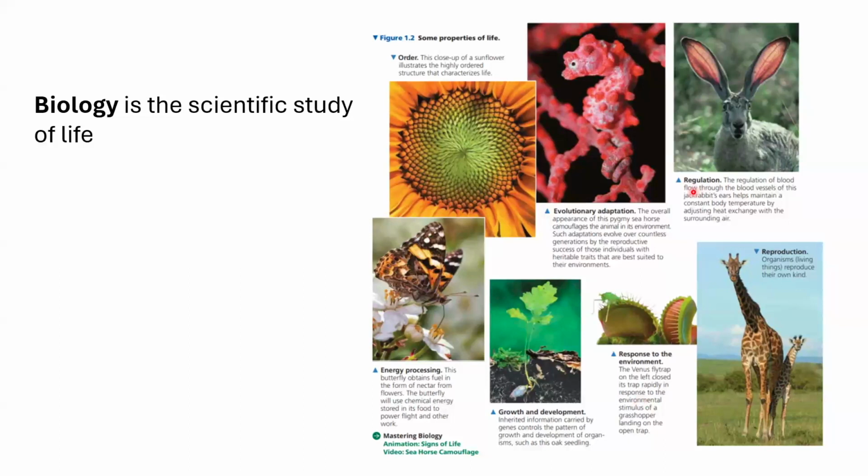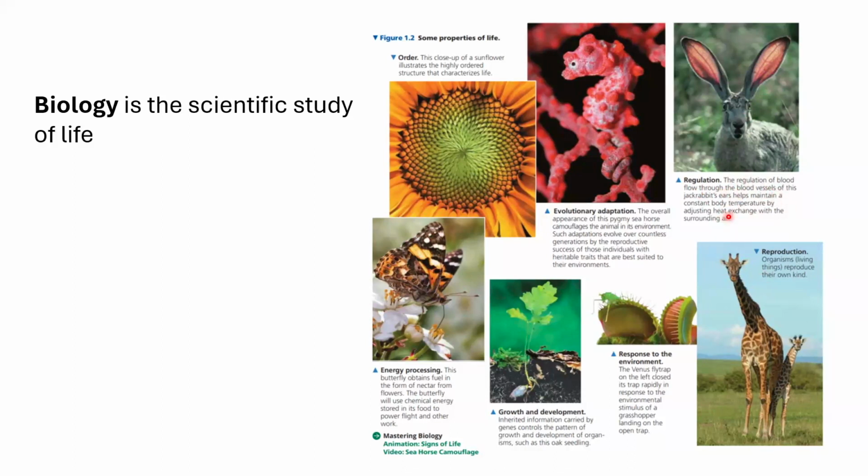And then you also have regulation. What do we mean by regulation? Typically, it means some sort of balance, also often termed equilibrium, returning to some sort of baseline. The example they're giving here is the regulation of blood flow through the blood vessels in this jackrabbit's ears.